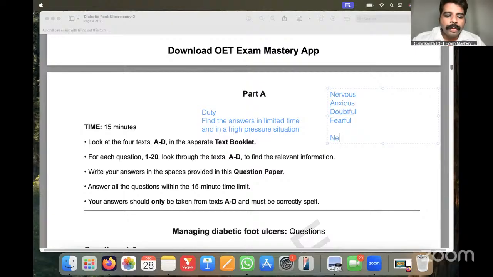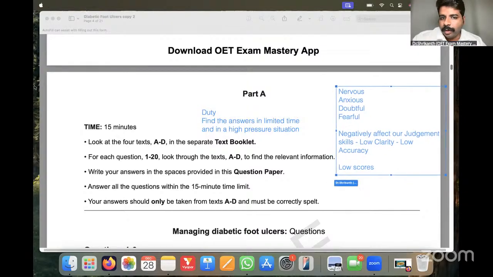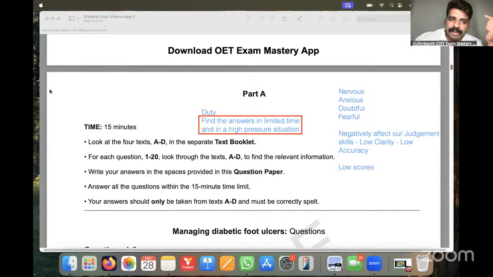It is going to negatively affect our judgment skills, and that is going to affect your clarity. So you will have low clarity, and therefore it will not be easy to have accuracy. You will have less accuracy and very low scores as well. Right. So this is what you need to understand about the OET. Your duty in OET is to find the answers in limited time in a high pressure situation.